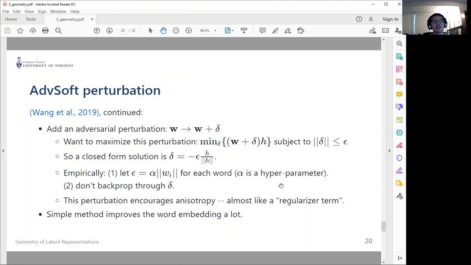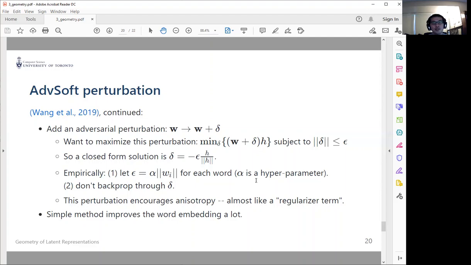And empirically, they found that letting the epsilon be proportional to the Euclidean norm of each word, and not propagating through the delta, works well.